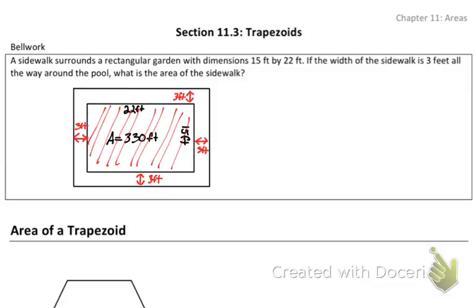So to figure out the total area, I need to have length times width. Well, I know the garden is 15 feet. But if I walk from here to here, I don't walk 15 feet. I first have to walk 3 feet, then 15 feet, and then 3 more feet. So maybe I'll draw that really quick. So we have to go 3 feet.